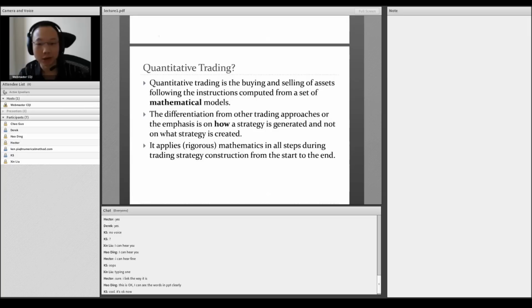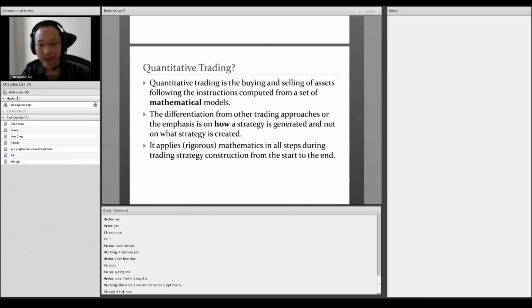As we shall see, the same strategy can be both in technical analysis and in quantitative trading. Whether it's a technical indicator or a quantitative trading strategy does not depend on the strategy itself. It depends on how the strategy is created or justified.